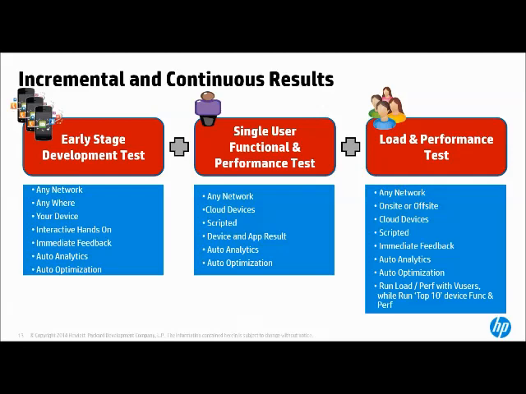Thank you. So as we would move left to right, then bringing in this single user functional and performance test. So perhaps you've got some cloud devices, or perhaps you have a few devices in your lab that you want to be able to harness together, then being able to do some sort of scripting around that.